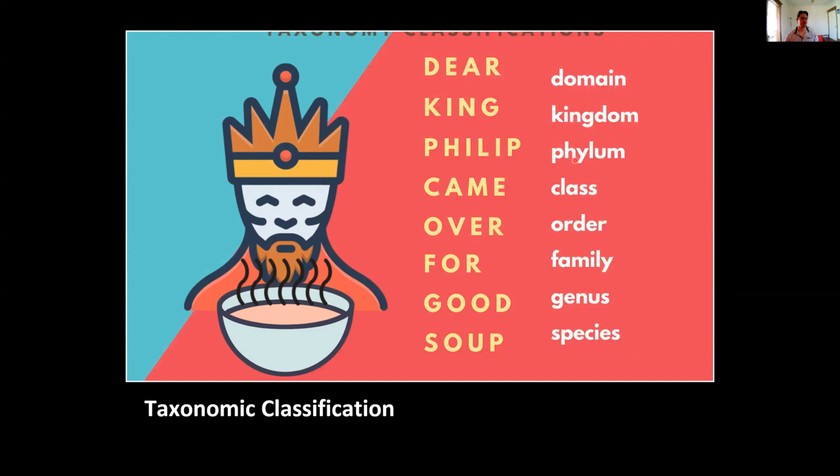Kingdoms are divided into phyla. Your phyla are divided into classes, classes into orders, orders into families, families into genera, and genera into species. And remember, for typical nomenclature, if you look at something like Escherichia coli, Escherichia is the genus and coli is the species. You need that genus and species for the nomenclature.